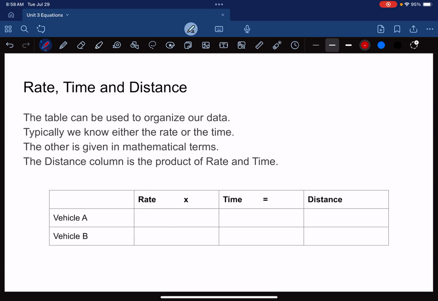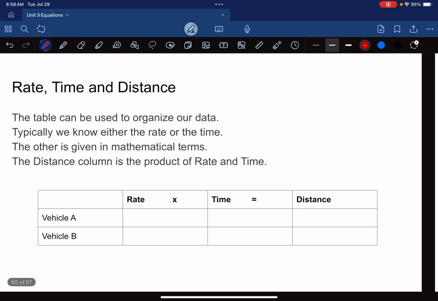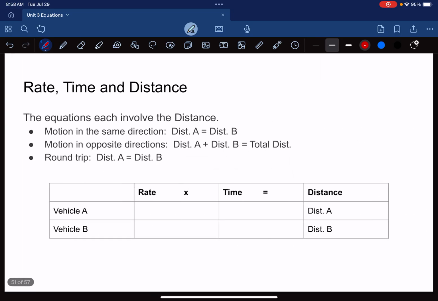Then the distance column, you will always multiply the rate and time columns to get the distance. That's why we have the formula rate times time equals distance. This is how you always start with this table. So the equations each involve the distance.